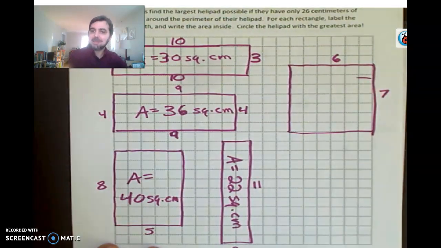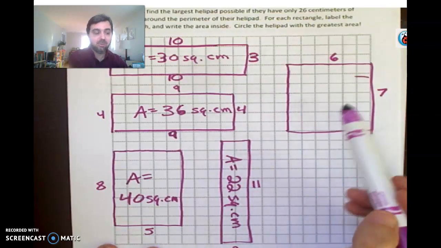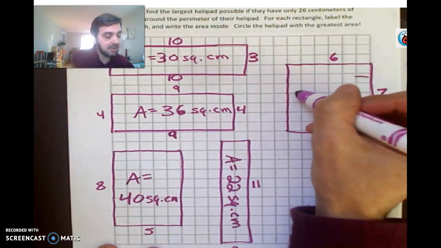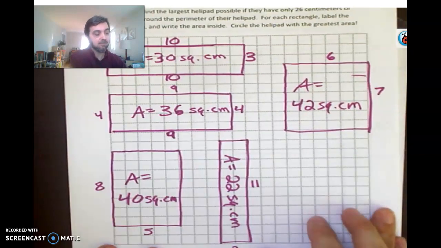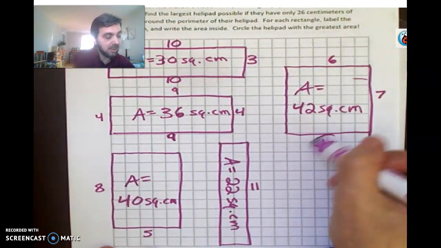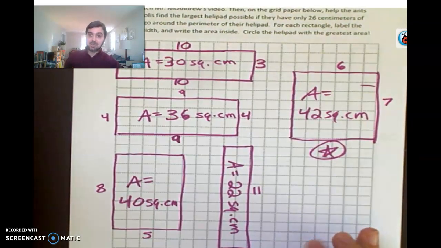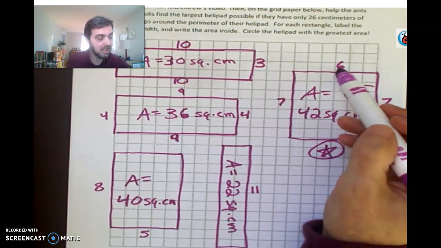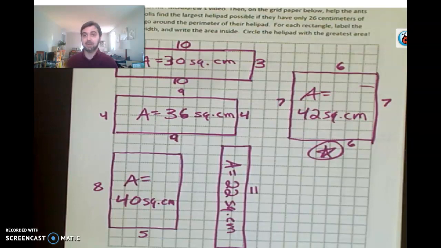No, I'm counting by 6s: 6, 12, 18, 24, 30, 36, 42. So 6 times 7 is area equals 42 square centimeters. It looks like this one is the largest. Is that what you got? Did you see that it has a perimeter of 26? 7 and 7 is 14, plus 6 is 20, plus 6 more is 26, and it has the largest area.